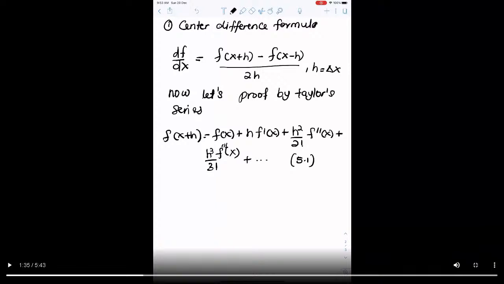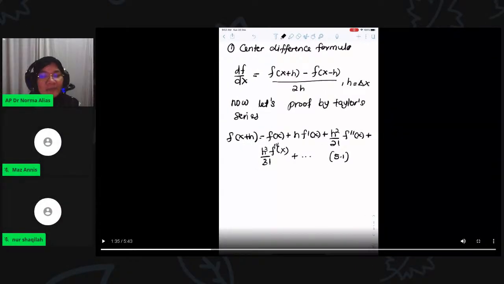Okay, 4 times you need to do the derivative, the fourth order of the derivative. And then you get the Taylor series for f(x plus h) stated in 5.1. So next time if I ask what is the Taylor series for f(x plus h), you can refer to 5.1.